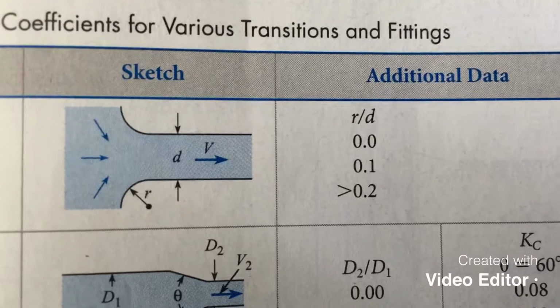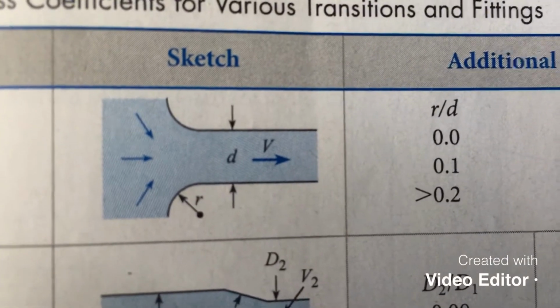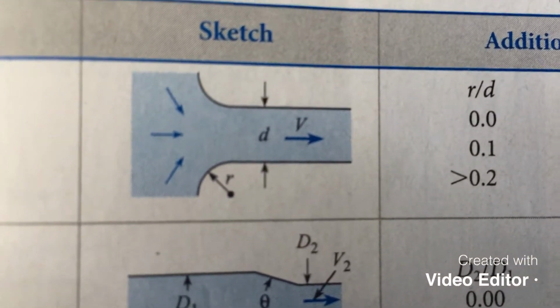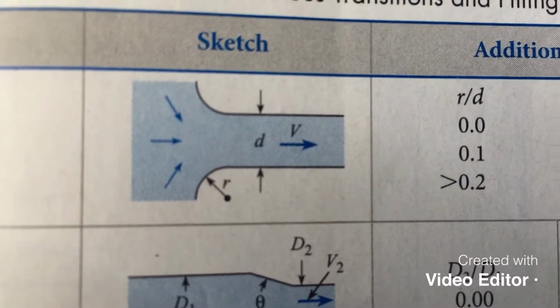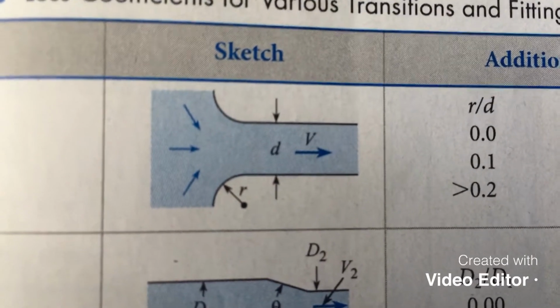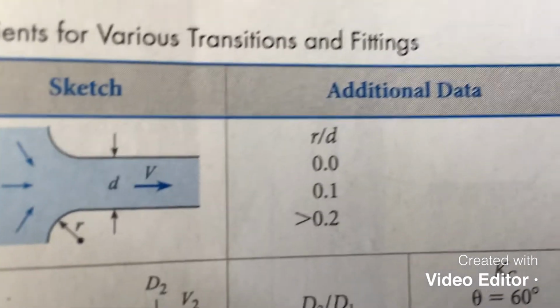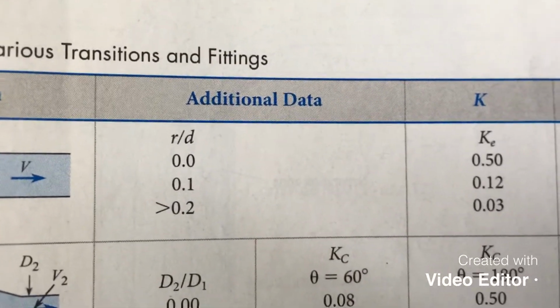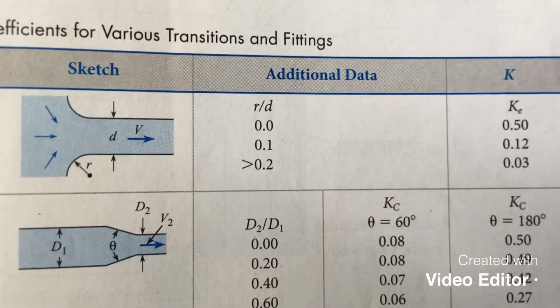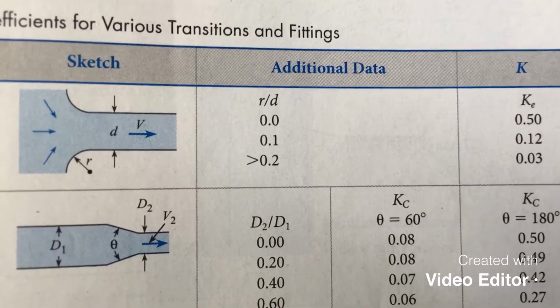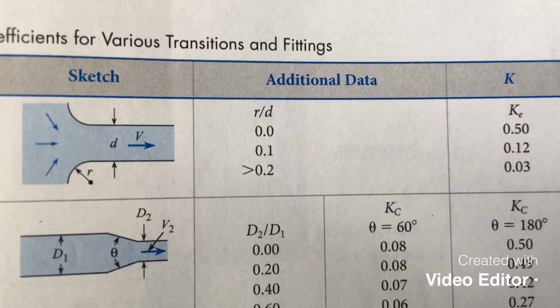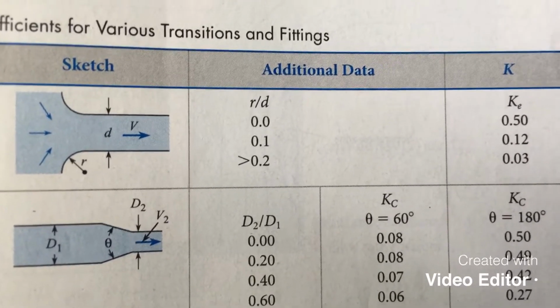What is r and d? d is the pipe diameter, right? R is the radius of the curvature at the entrance. So it depends on the different r over d. If r over d is 0, what does that mean? That means it's a sharp entrance, right? There's no curvature.